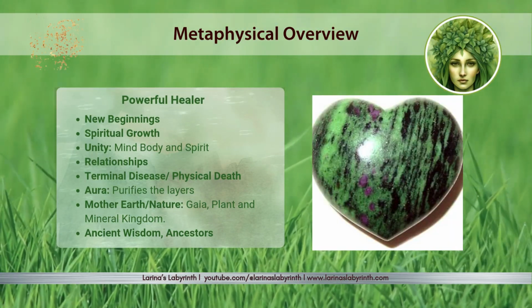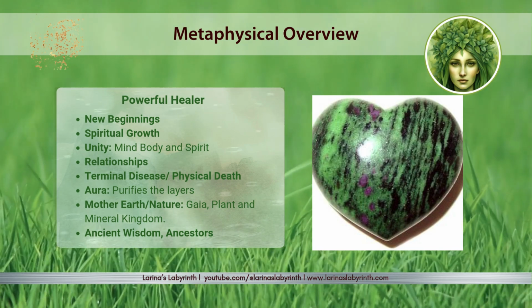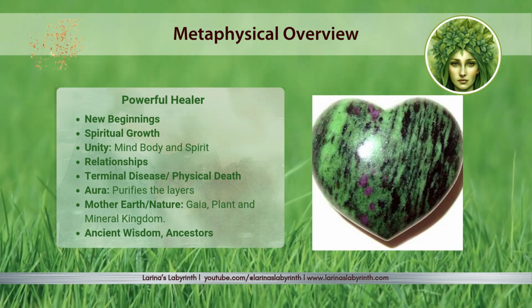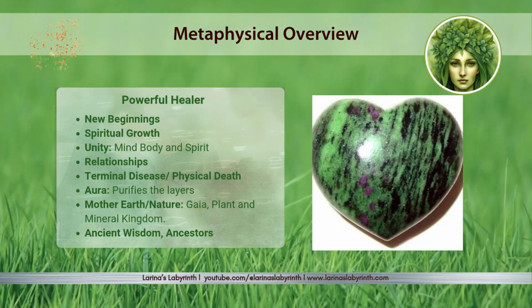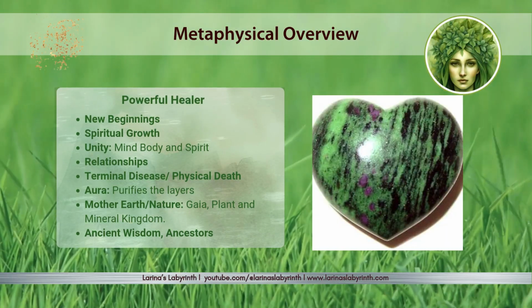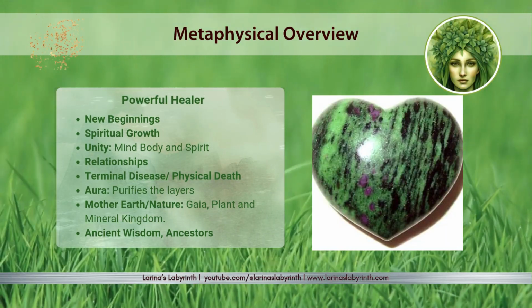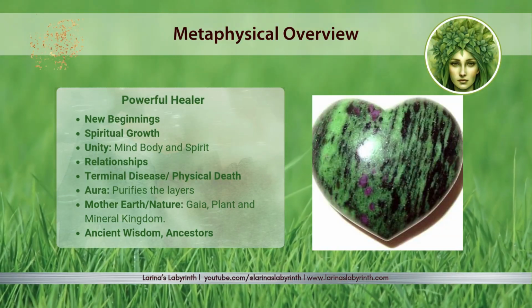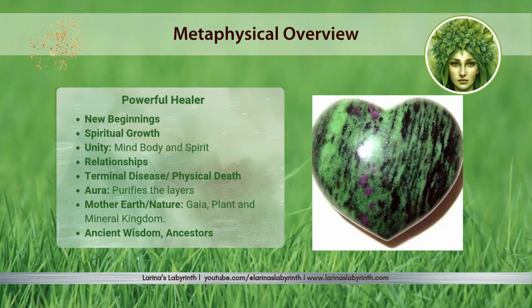An interesting thing is it's also recommended for those people with terminal illness, or if they don't have it themselves, if they've got somebody close to family or home or a loved one that's actually going through the process, because it's said to support this processing and dealing with the issues of life and death.